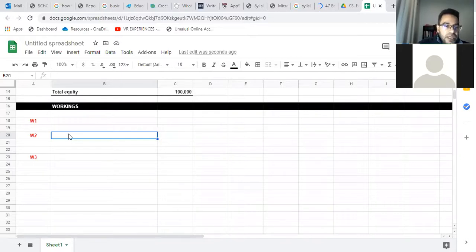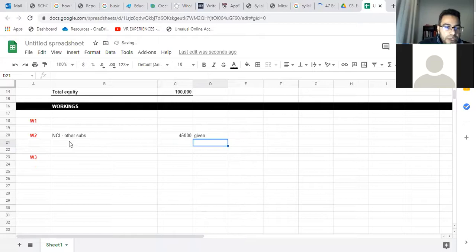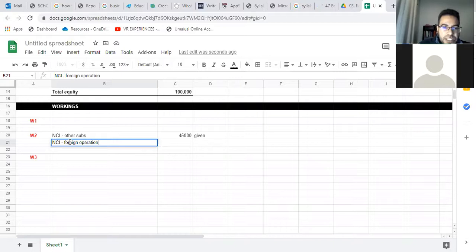So NCI, other subs, it was 45 million. This was given. So the only other part we need to work out is NCI, foreign operation. Now the foreign operation is going to come from working three.